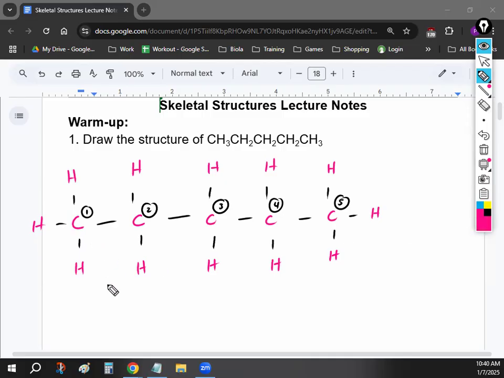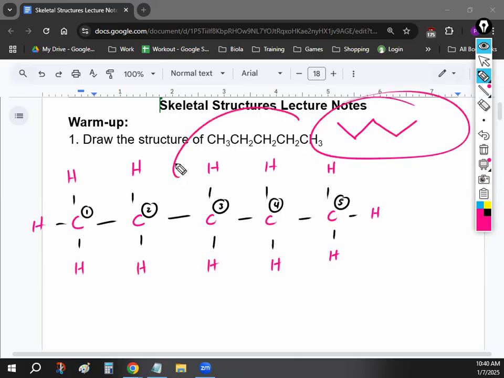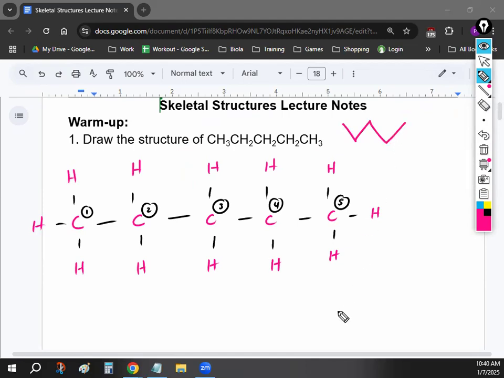So we're going to take this carbon right here, first carbon. I'll do it up here. That's corner number 1, corner number 2, 3, 4, 5. So this picture right here is the same thing as this structure right there. So a lot easier to draw if we draw it the skeletal way. Okay? So I'll do it one more time. There are 5 carbons. Corner 1, corner 2, corner 3, corner 4, corner 5.